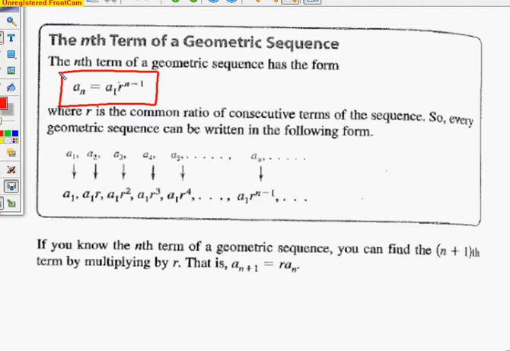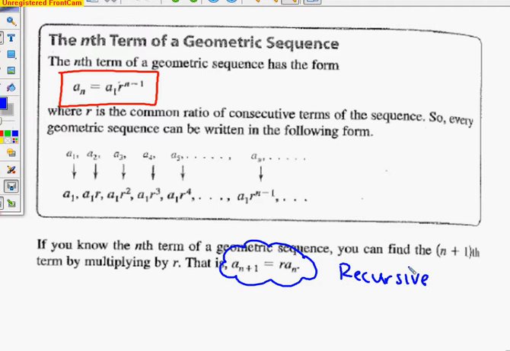All right. So down here they give you a recursion formula. So if you remember the recursion idea, if you want to find the next term, take the previous term and multiply it by the ratio. So this is the recursive formula.